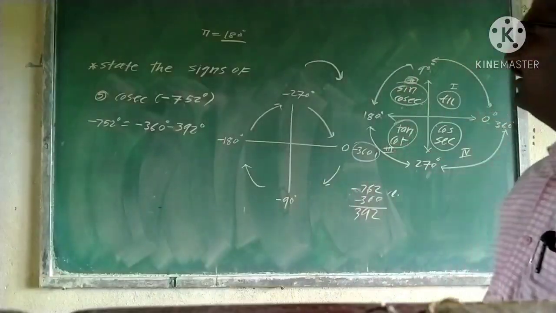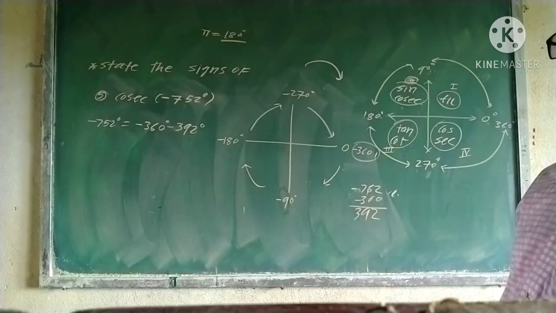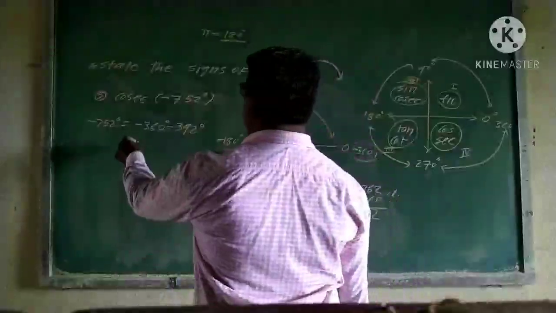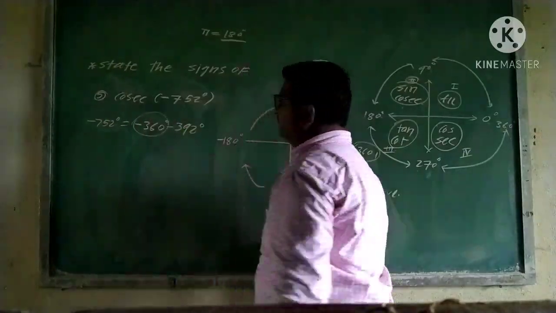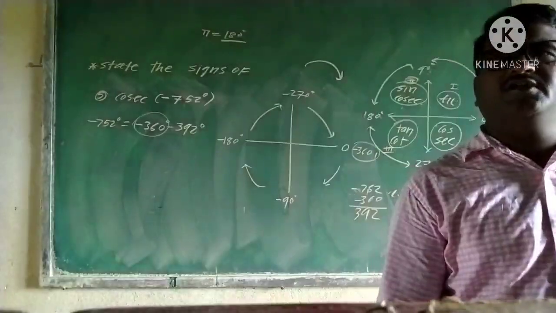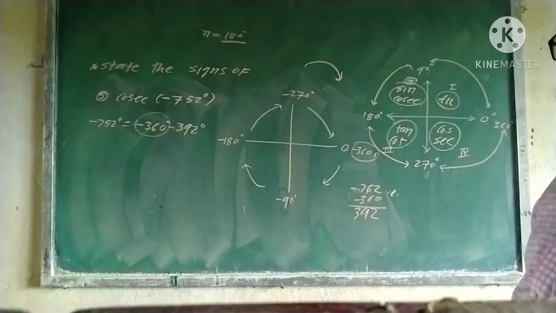Here minus 360 degree completes one revolution in a clockwise direction.